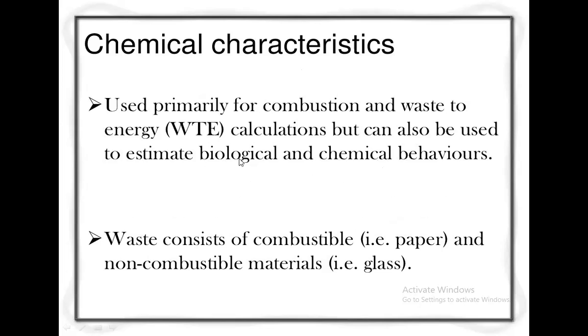The second type is chemical characteristics. This is used for combustion and waste-to-energy plants, for waste-to-energy calculation, but can also be used to estimate biological and chemical behavior. The solid waste is used for combustion, for burning, and for generation of energy.